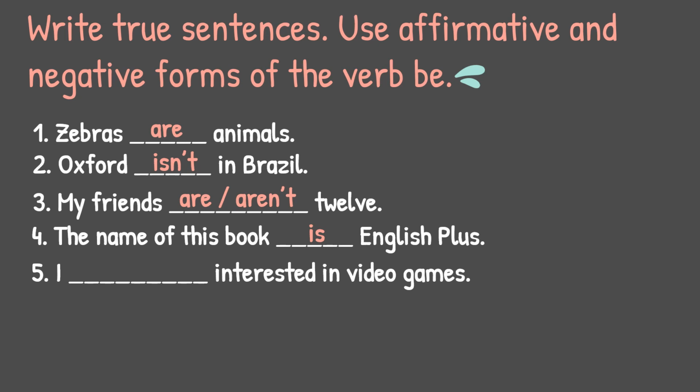The keyword here is I. So we use am or am not. Understand? You can answer I'm interested in video games, or you can answer I'm not interested in video games.